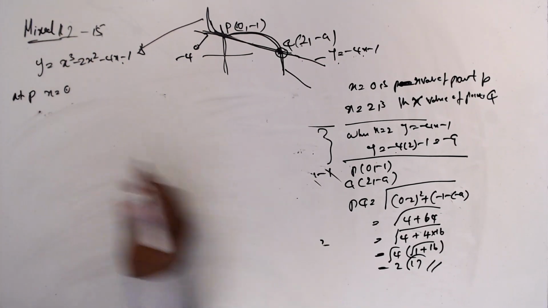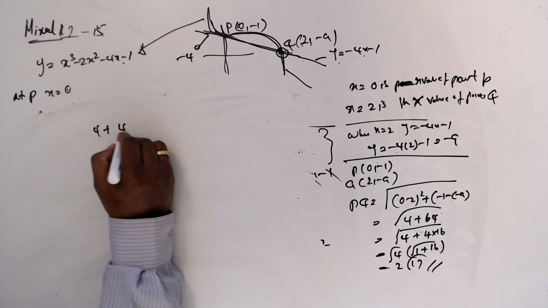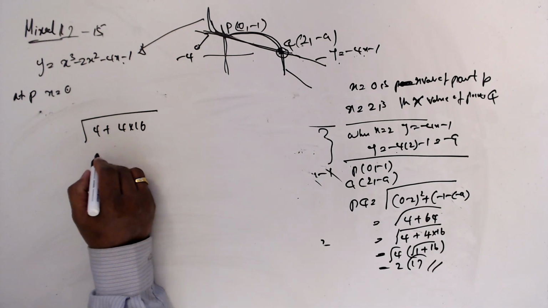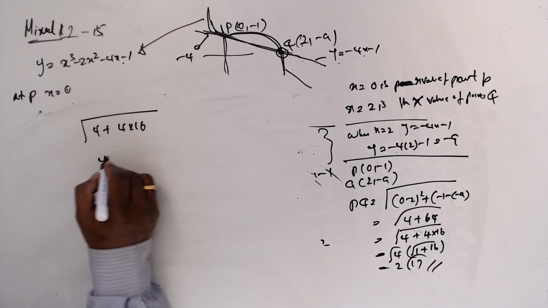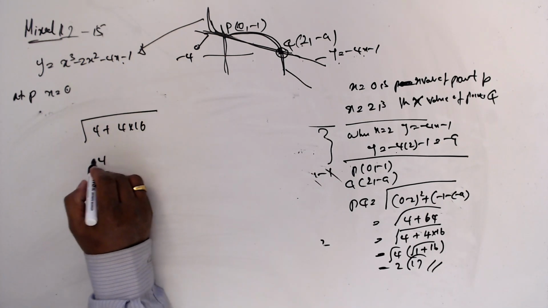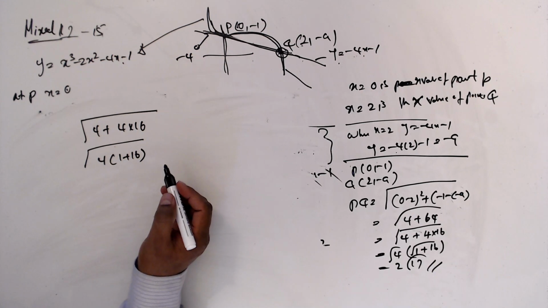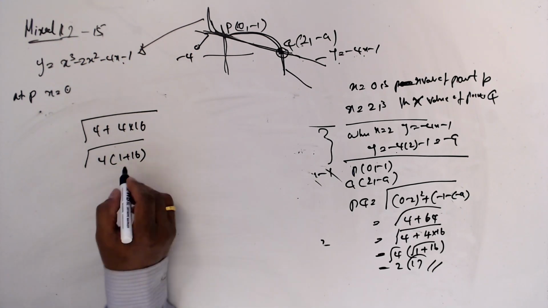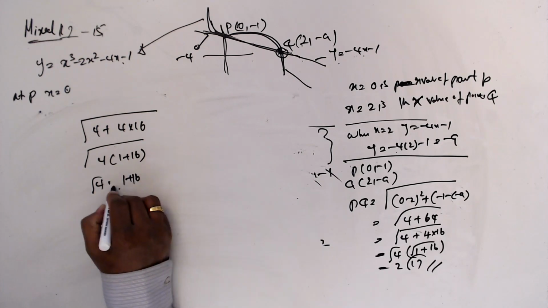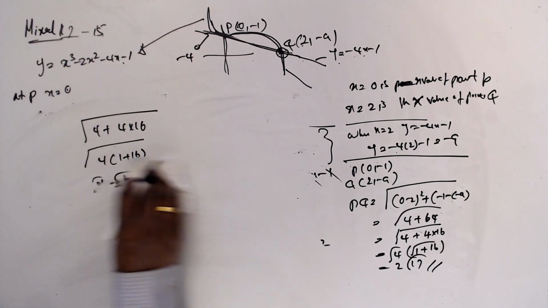So let me explain this bit, how I did it. 4 times 17 under the square root. I write 4, and I can take 4 out, and 17 is inside. Now I can write the square root of 4 times 17 like this. Okay, one more step.